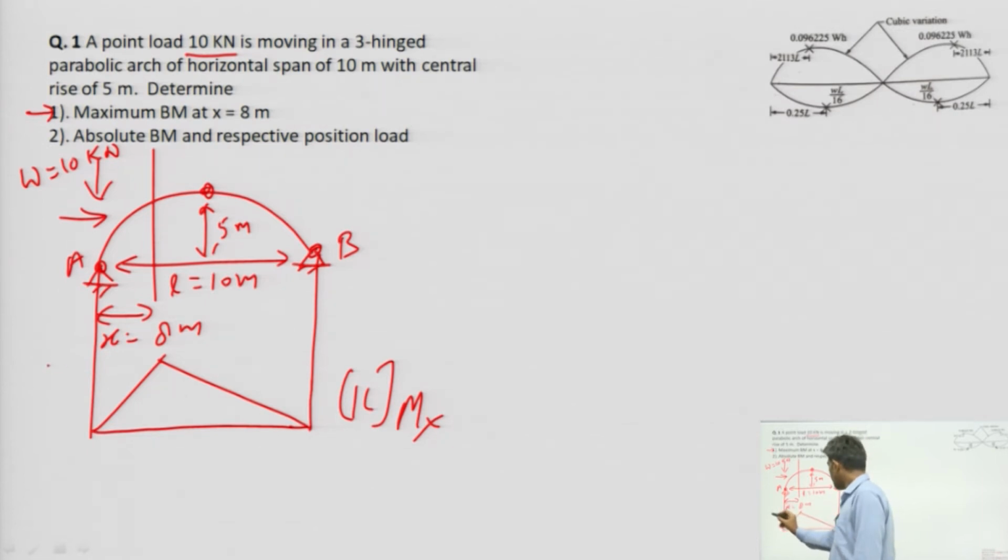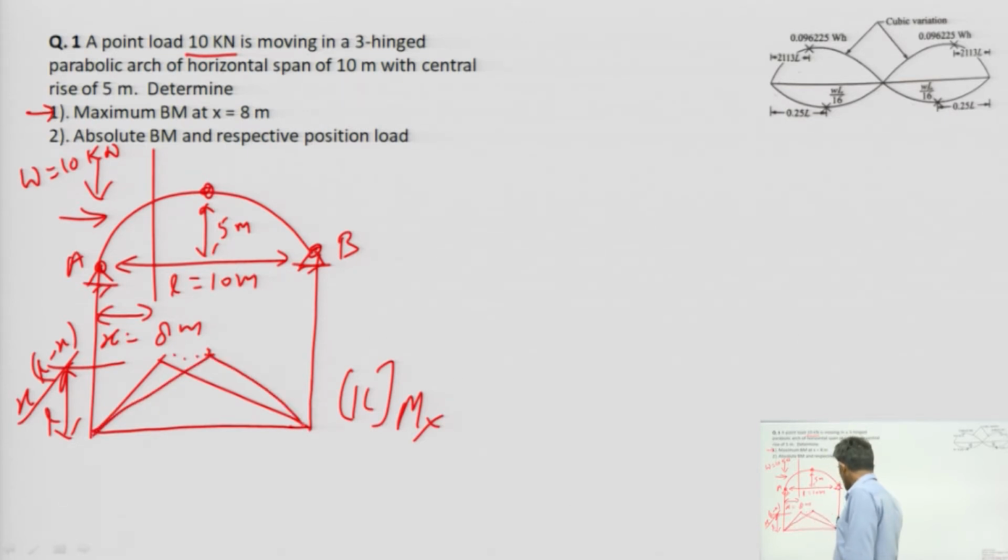This ordinate is for the IL for Mx, and it is x into L minus x by L. And at the crown we also have the same; this distance is also the same, L minus x.